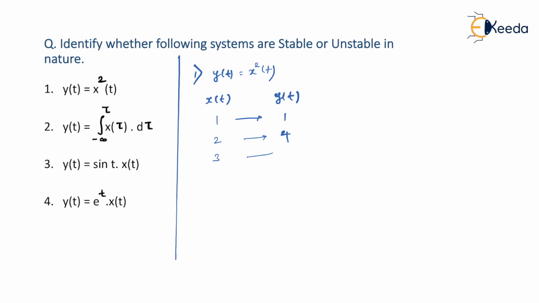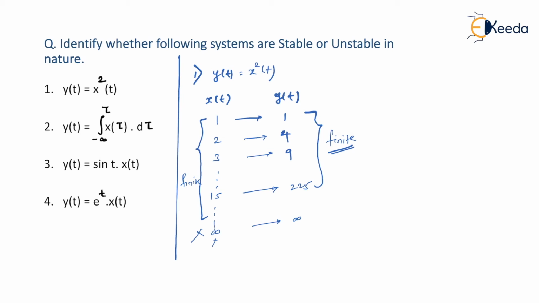If x of t is 3, y of t will become 9. Like that. Let's say if x of t is 15, output is 225. Up to infinity if I go, then I'll get infinity. Now infinity is unbounded, but then input is also unbounded. But we are not allowed to apply infinity input, meaning that for all set of finite inputs, you are getting finite outputs.